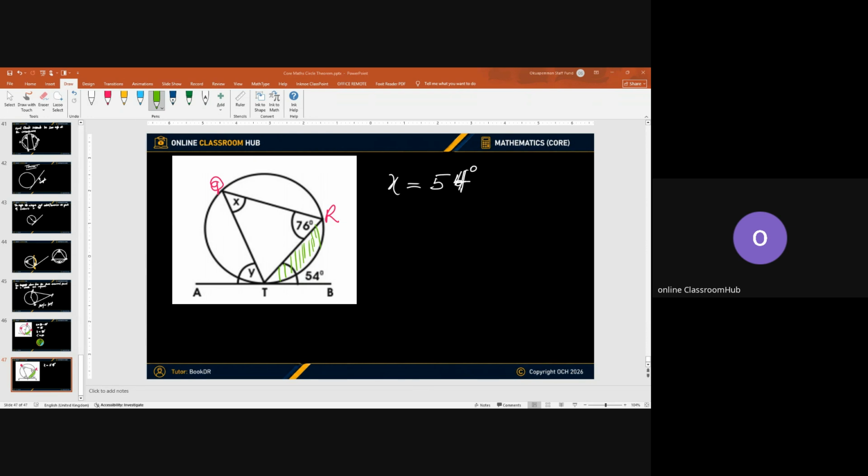Excellent. So that is also correct. Y is 76. If it's WASSCE, you don't even write the explanation. That is all. You'll be given the mark. So you see how circle theory is very cheap.